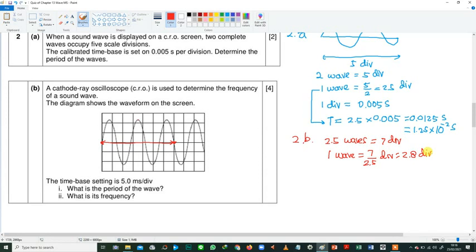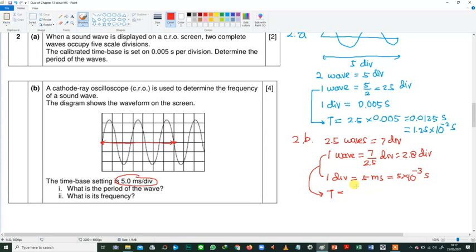Now you have to find the period, but before that, what about the time for 1 division? You can get it from here. 1 division is equal to 5 millisecond. What is millisecond again? It's 5 times 10 to the power of -3 second. So from this and this, we can get the period.